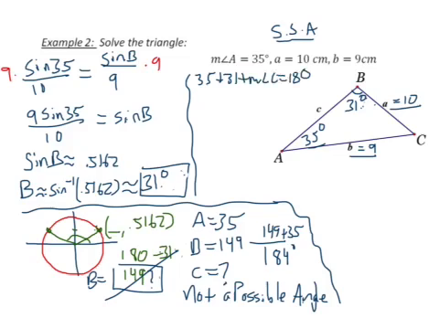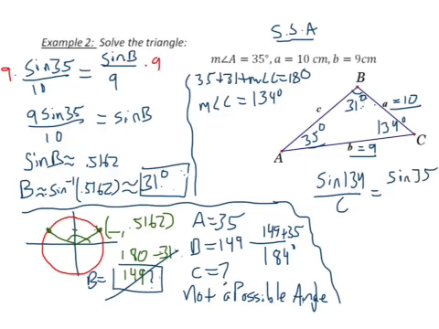So let's go ahead and find C. We've got the sine of 134 over C is equal to, and let's go back to the original one that we had from the beginning, sine of 35 over 10. Cross multiplying and dividing will give us that C is equal to 10 sine 134 over sine of 35.